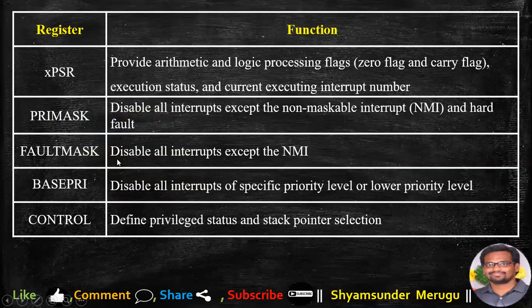FAULTMASK register disables all interrupts except the NMI. Here the PRIMASK is a 1-bit register and the FAULTMASK is also a 1-bit register. BASEPRI is the interrupt register to disable all interrupts of a specific priority level or lower priority level. Control register defines the privileged status and stack pointer selection.